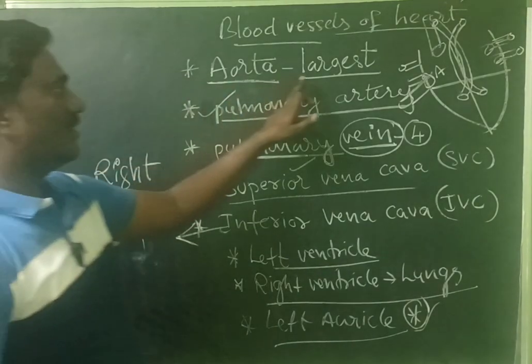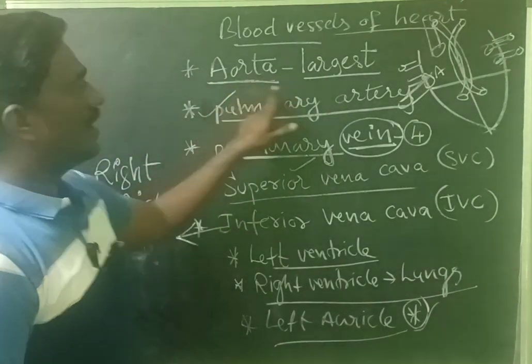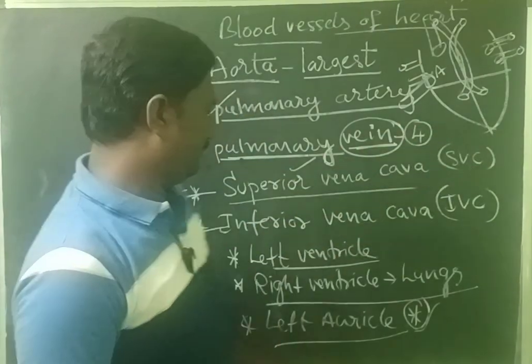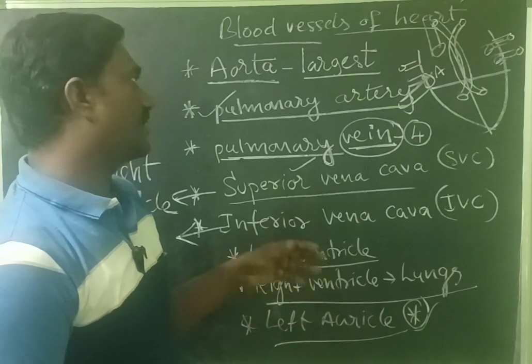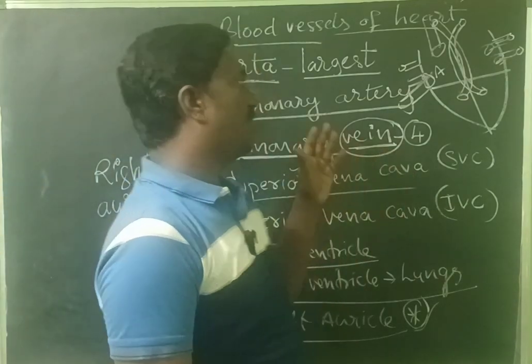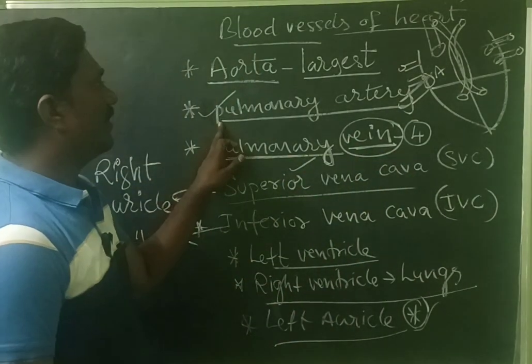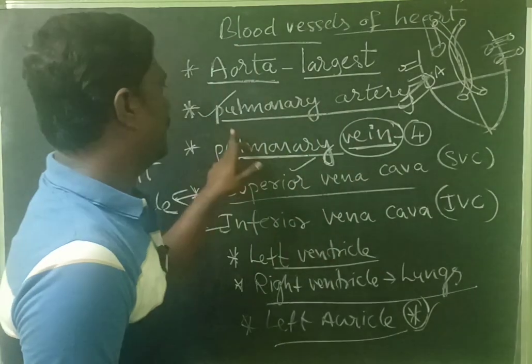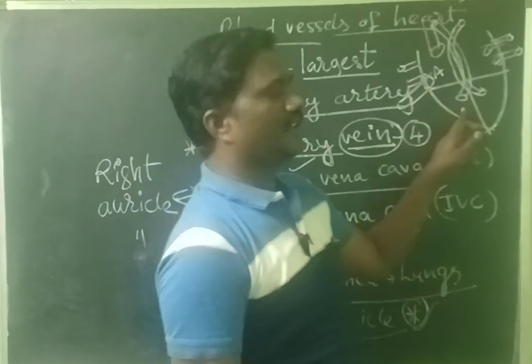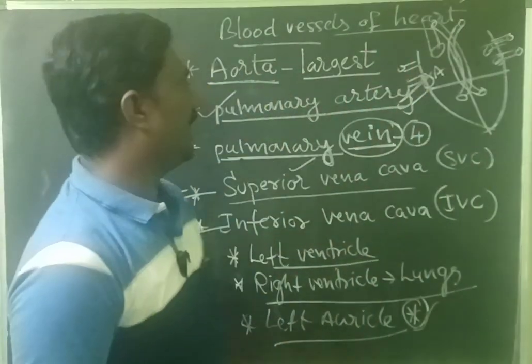Aorta, the largest artery, arises from the left ventricle and supplies oxygenated blood and nutrients to all parts of our body. Next, pulmonary artery has impure blood and arises from the right ventricle to the lungs.